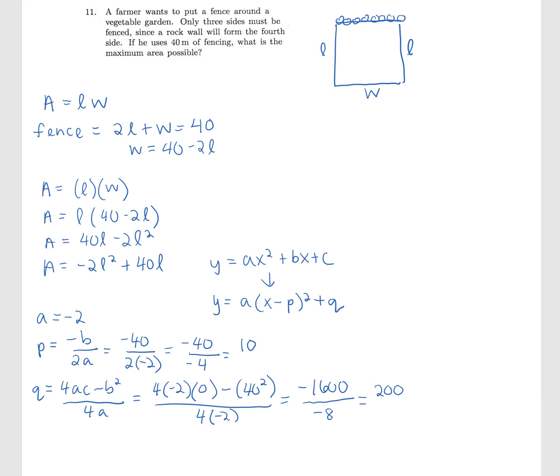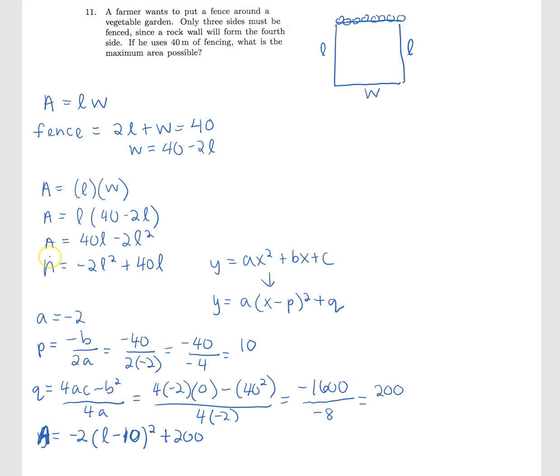So rewriting our equation here, we can see that essentially what we have is, sorry, this is actually an A. A is essentially our y in this equation, and what we have here is a -2 times L minus 10 squared, where 10 is our value for p, plus 200, which is our value for q.